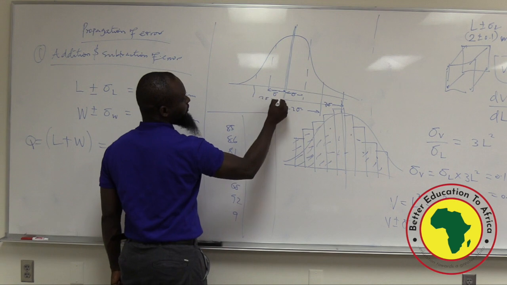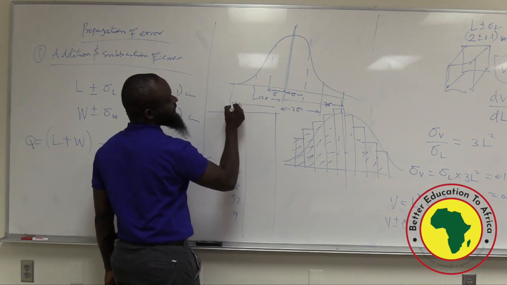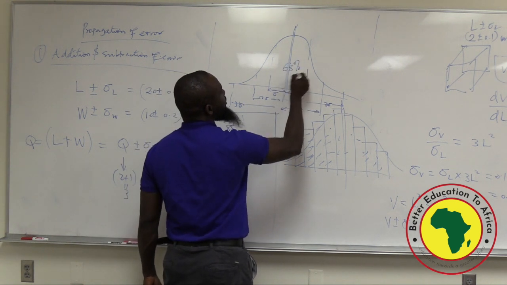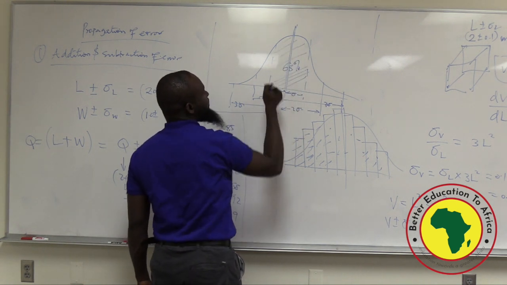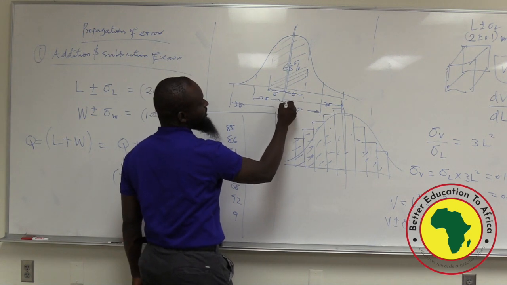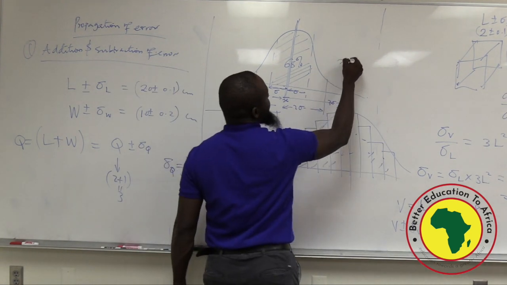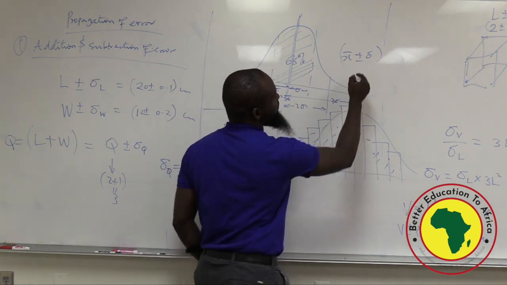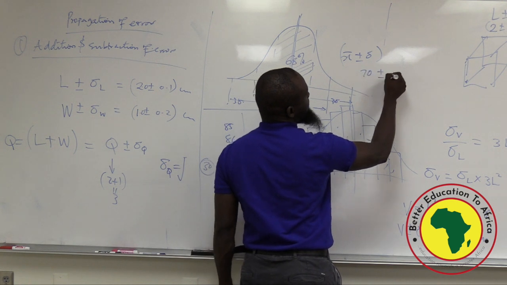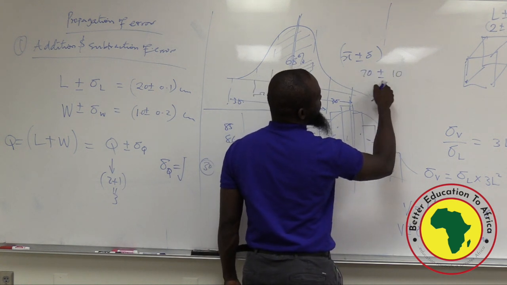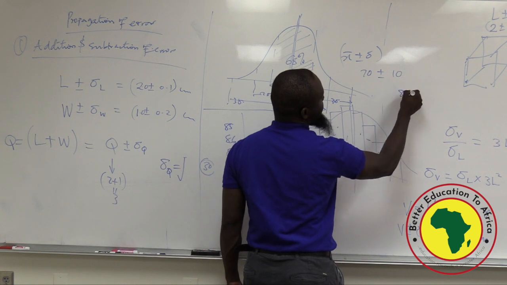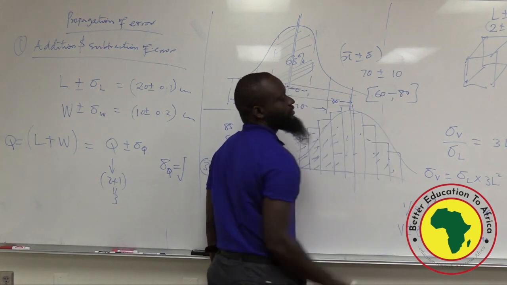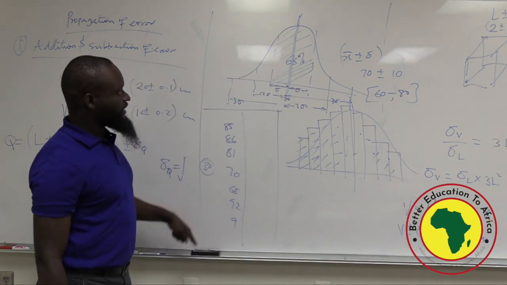So check if 68% of all your data fall within x bar plus minus sigma. Say your mean was 70 and your standard deviation was 10. Check if 68% fall within the 60 to 80 range, 70 plus 10 and 70 minus 10. 68% of all the data you measure.